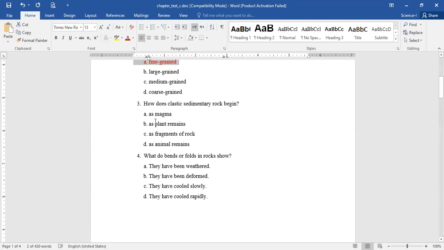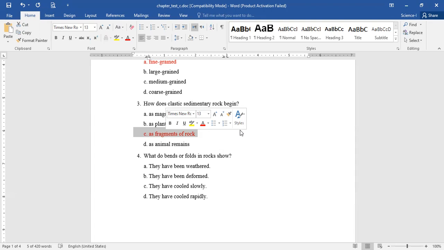Yes, fragments of rocks. Clastic sedimentary rocks are formed once sediments or clasts, which are pieces of rocks formed by weathering, are eroded, then deposited, compacted, and cemented to finally form the clastic sedimentary rock.